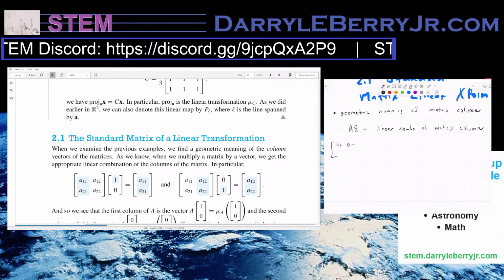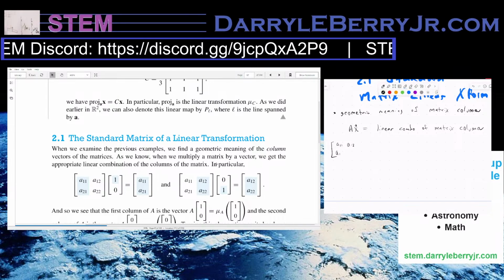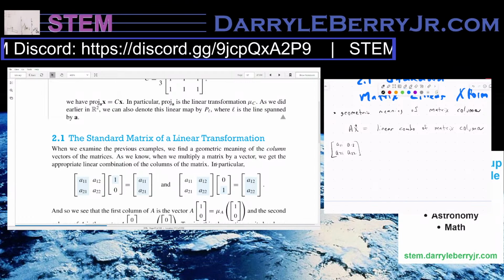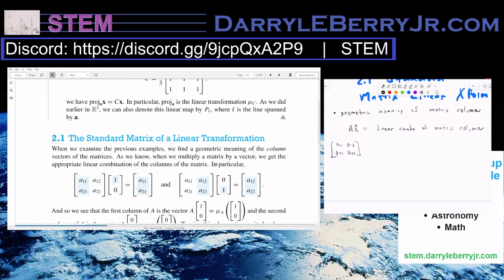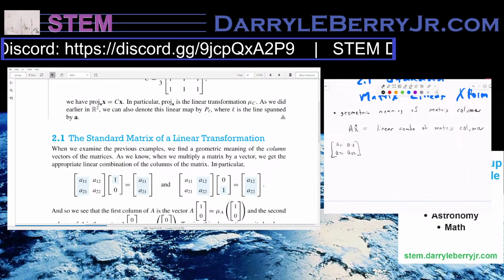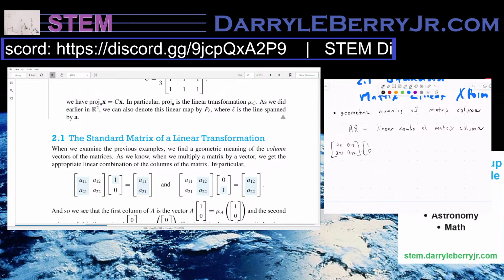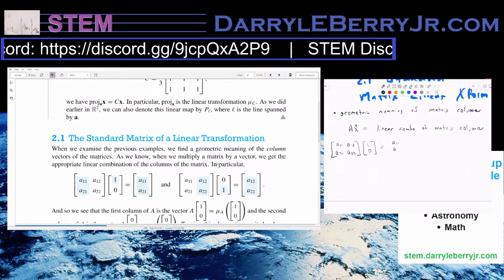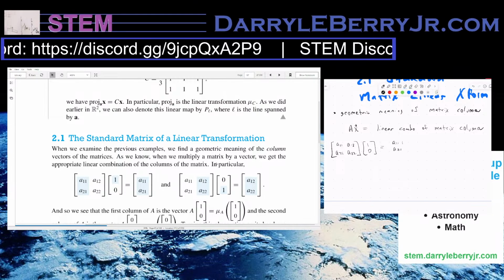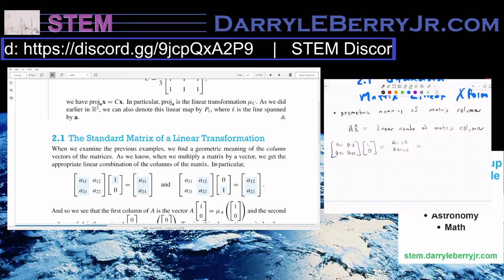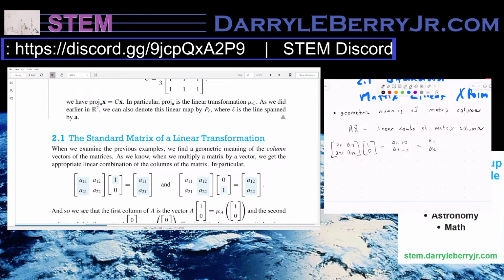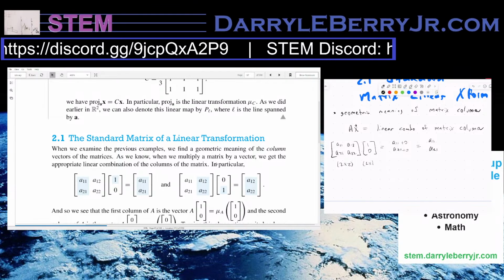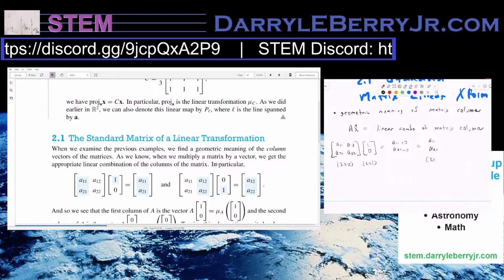A11, A12, A21, A22 times 1, 0 equals A11, A21 plus 0 equals A11, A21. 2 by 2, 2 by 1, so we know we need a 2 by 1.